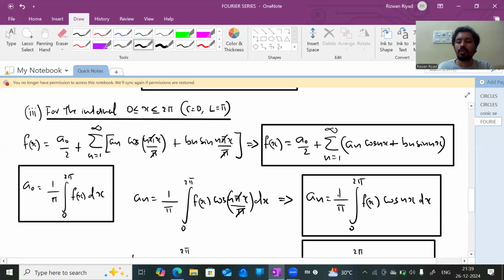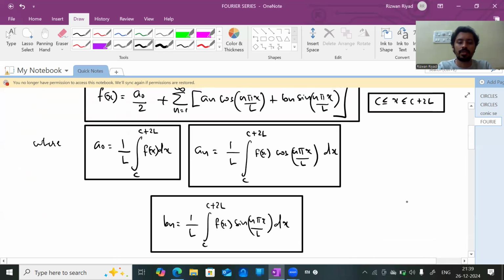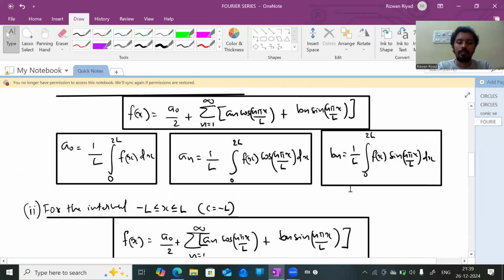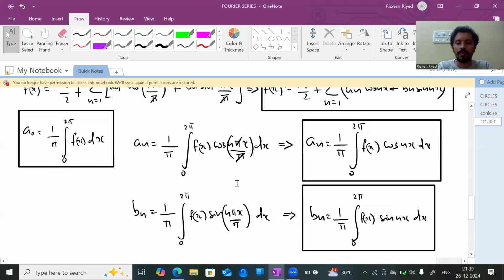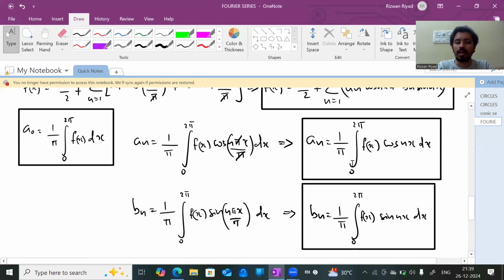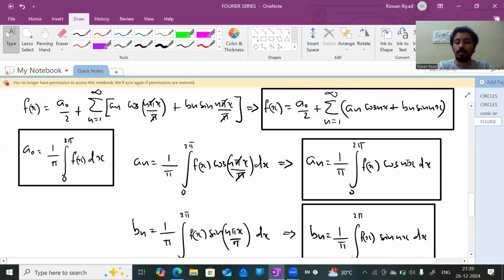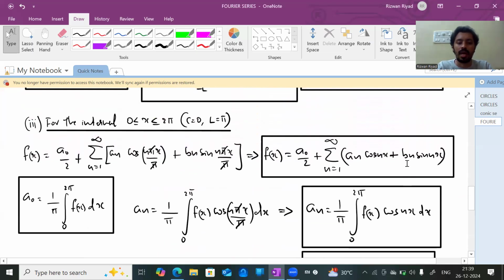So an is equal to 1 by pi integral 0 to 2 pi f of x cos nx dx after cancelling that pi. That's what you can see here: 1 by pi integral 0 to 2 pi f of x cos nx dx. That is our an here.